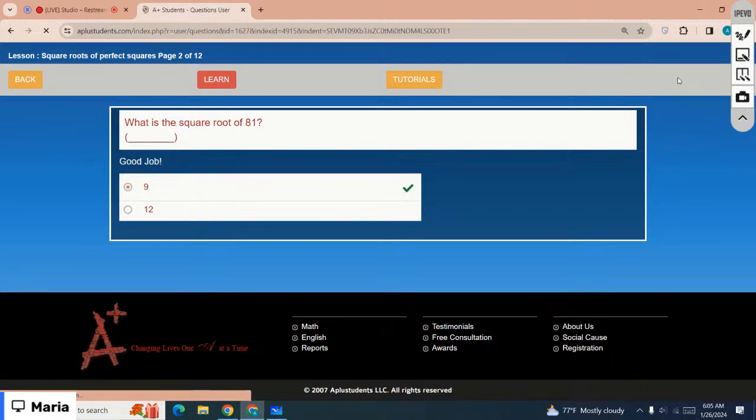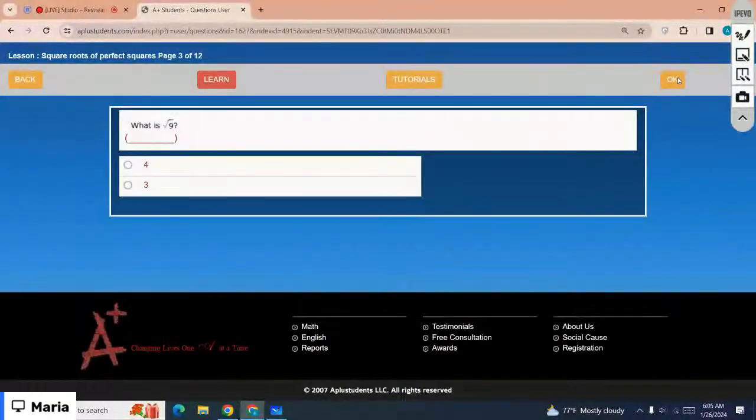The next one is, what is the square root of 9? The square root of 9 equals, yes, the correct option is 3. 3 times 3 is 9, so the correct option is 3.